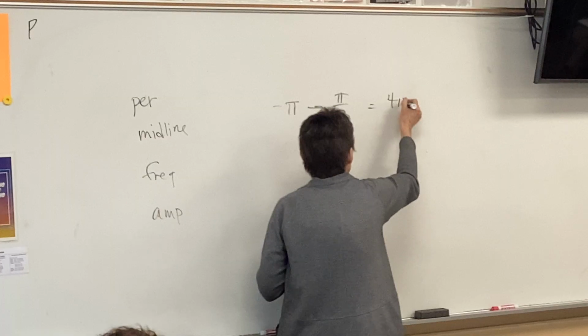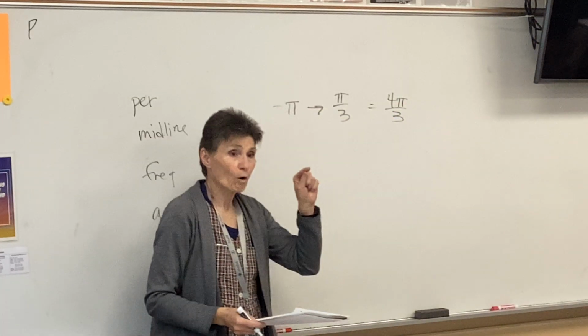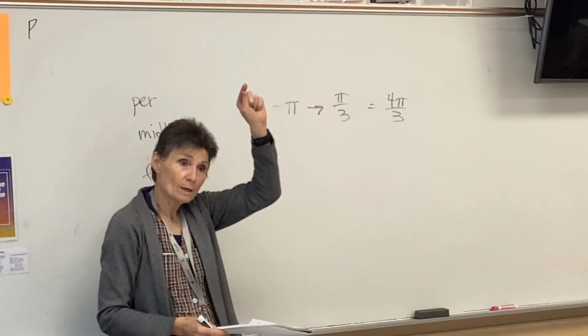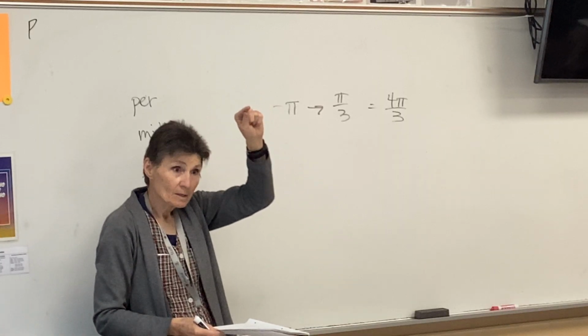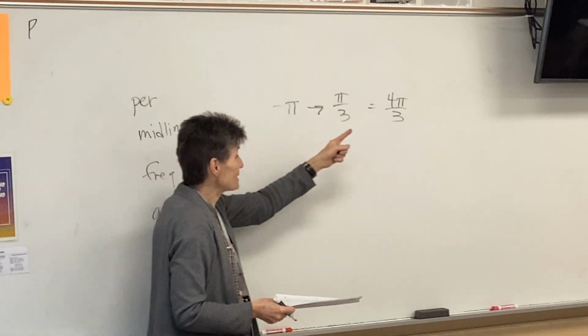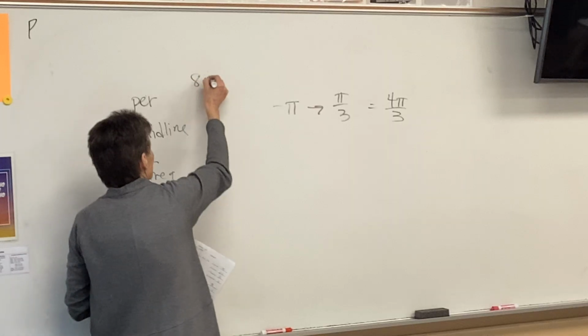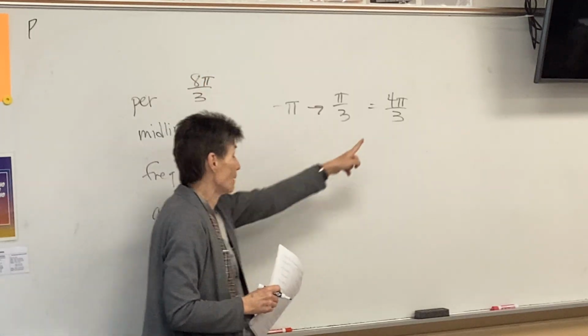Now, is that the period? No. That is from low point to high point. So isn't that half the period? So if this is half the period, then the period is 8 pi over 3, double that.